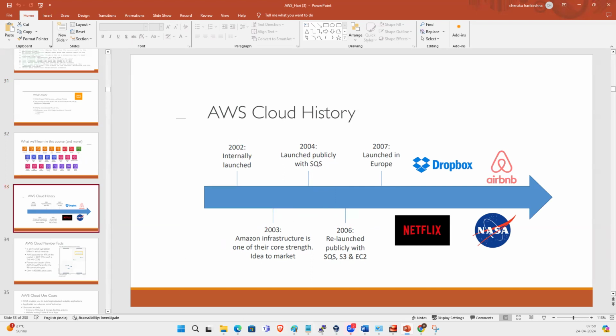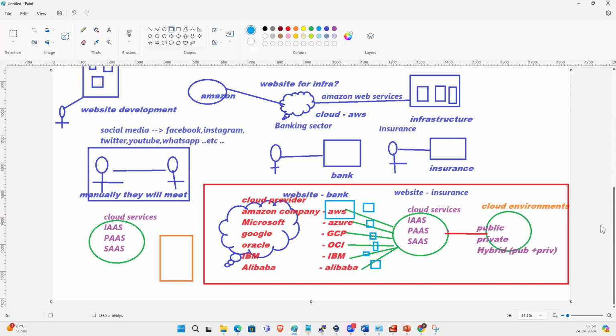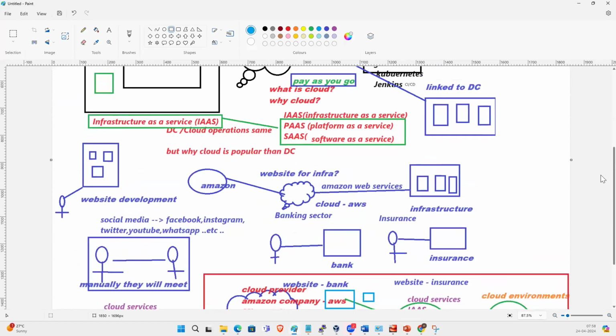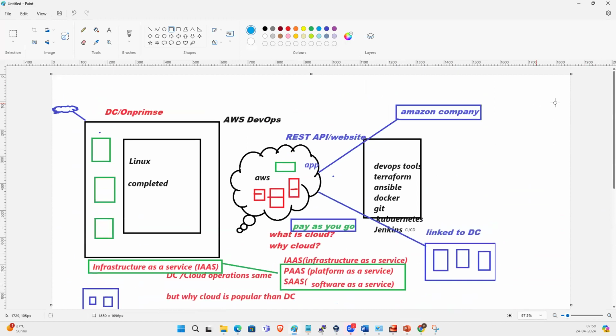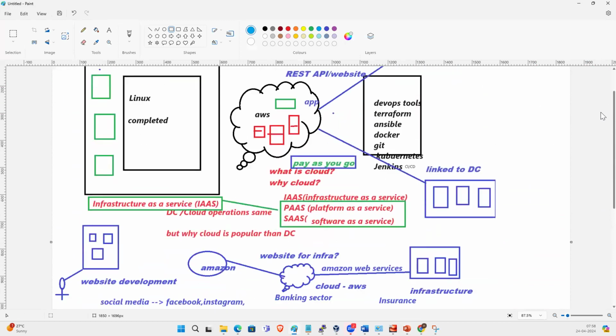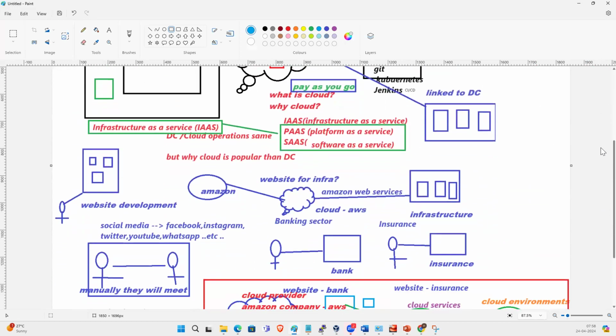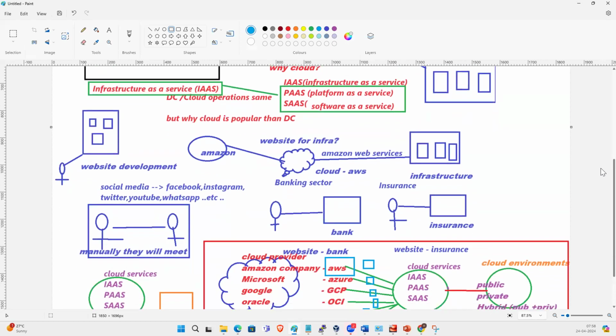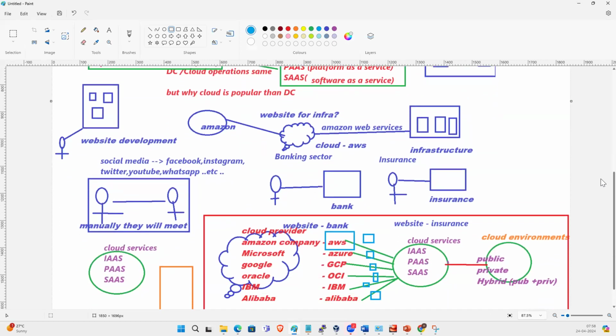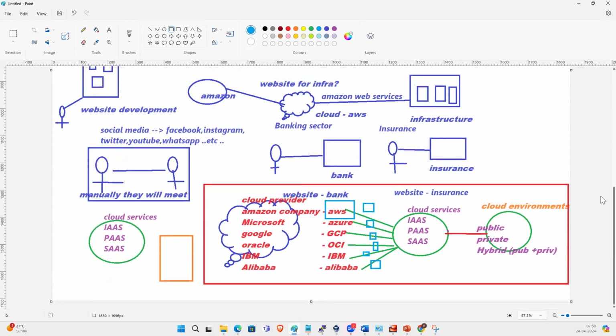Guys, this is a brief intro about how the cloud came. The same way websites are designed for insurance, banking and social media, Amazon got the thought: is it possible to create a website for the infrastructure also? Yes, it is possible, and they created it.